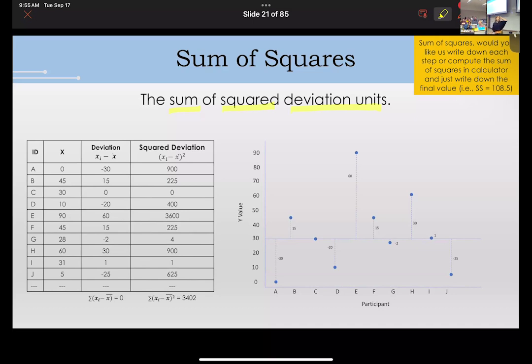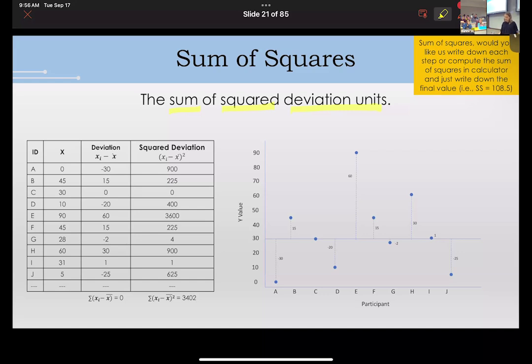Good. So the easiest way to add up all those distances and get rid of the negative is to square each of those distances and then add them up. That is your sum of squared deviations. Cool?